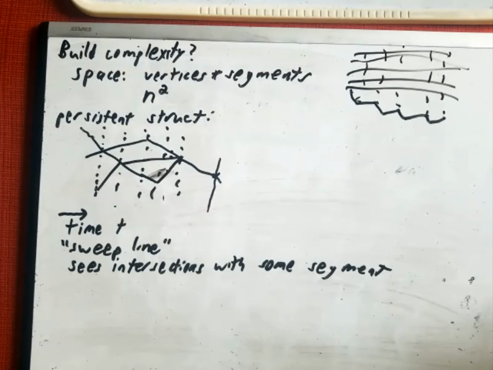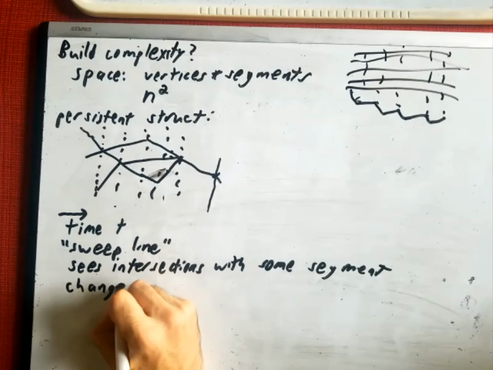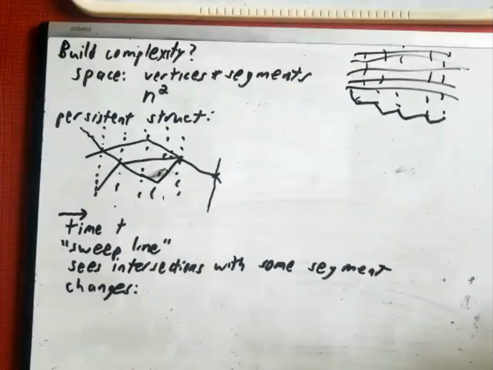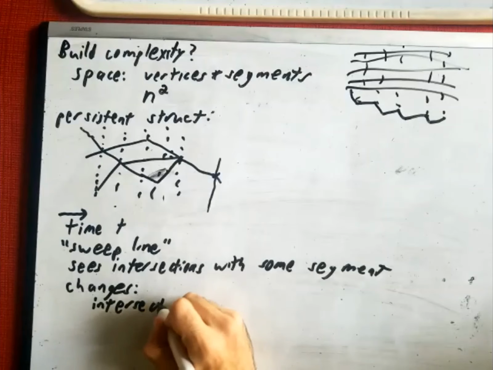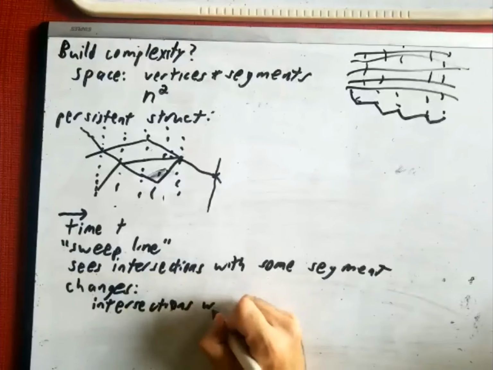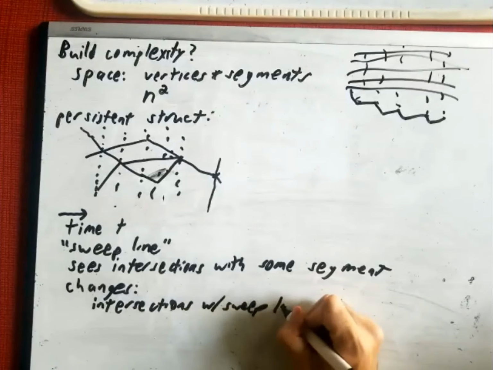Now, as this sweep line moves from left to right, various changes happen in what it sees. The intersection points with the sweep line do change coordinates.